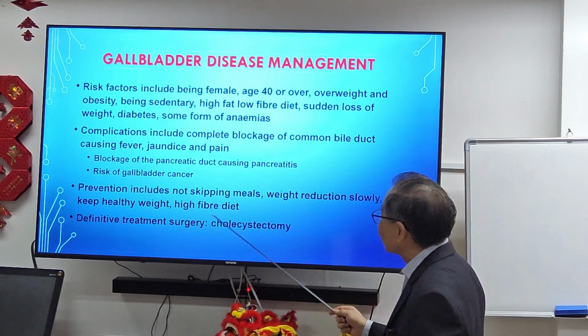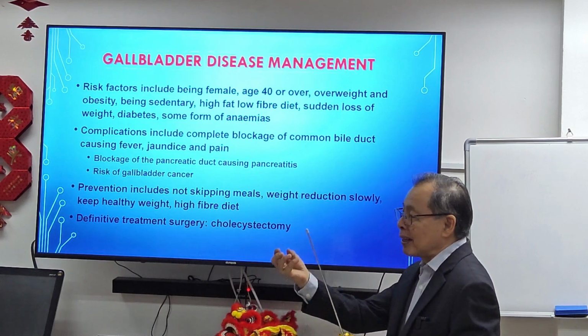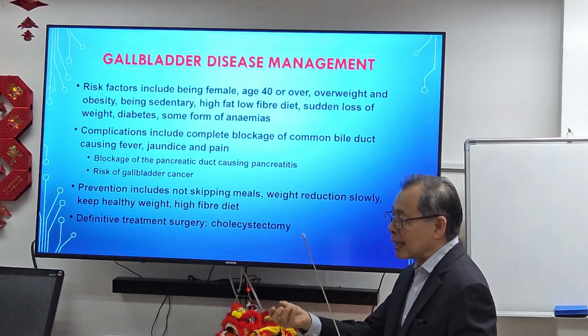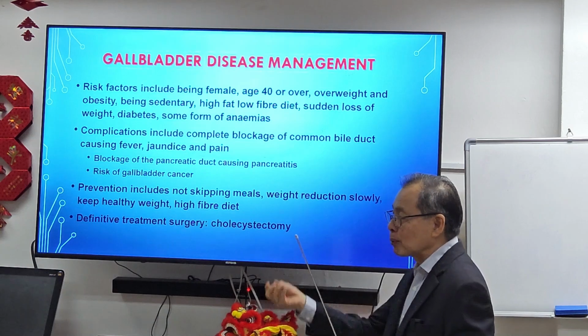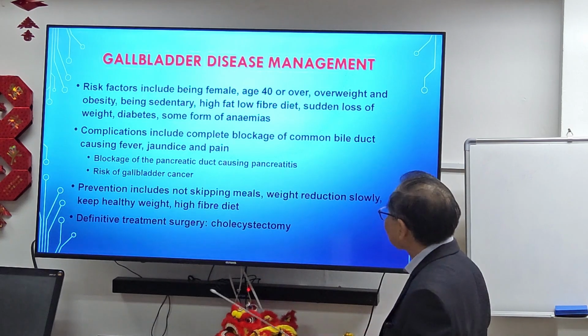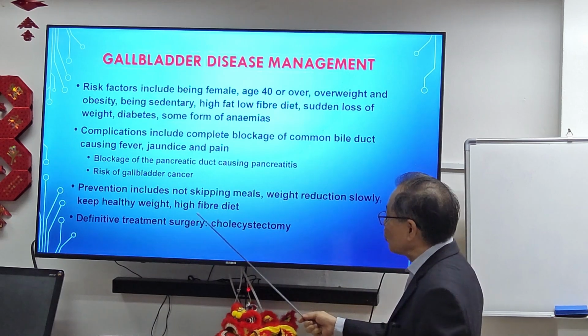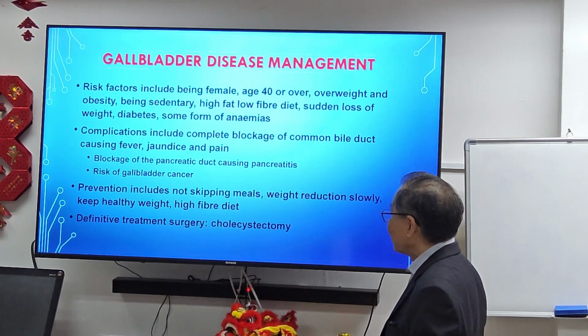So the prevention is not skipping any meal, because when you skip the meal, the gallbladder gets filled with bile, which it cannot discharge because there's no need for it to digest fats, right? If you have to reduce weight, reduce it slowly, keep healthy weight, high fiber diet.